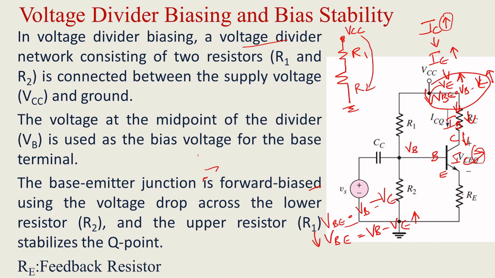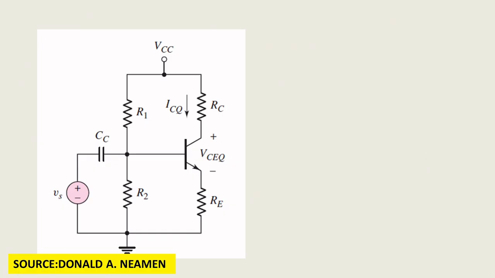So the RE network will act as a feedback to adjust the input voltage. Based on the adjustment of this input voltage, the IB will tend to reduce. Once IB is reduced, your IC also will reduce. So this is the way the divider bias network is working. So RE is a feedback resistor.